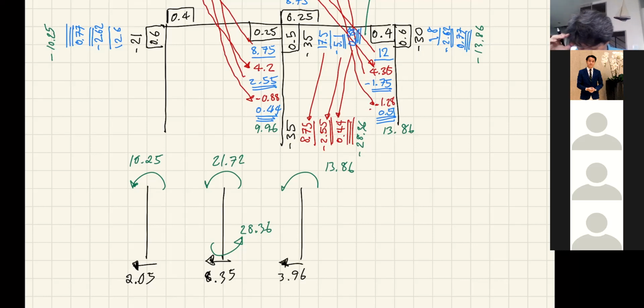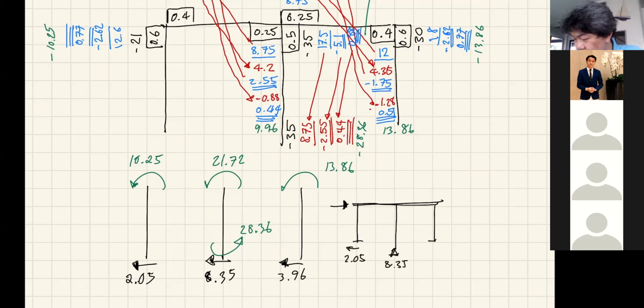So from this I get the total shear. It was as if this frame is being pushed by the total load of 2.05, 8.35, and 3.96. This total is 14.36.